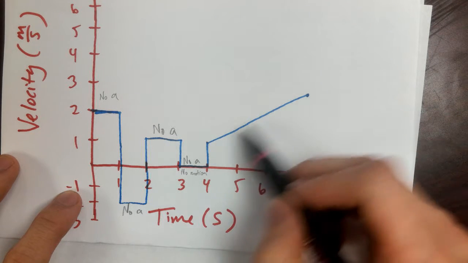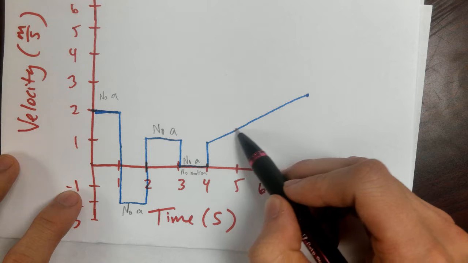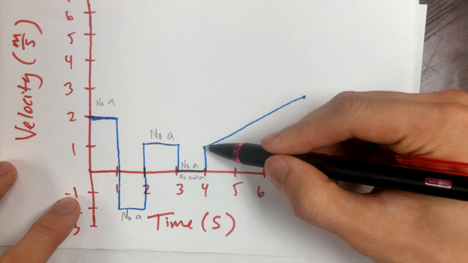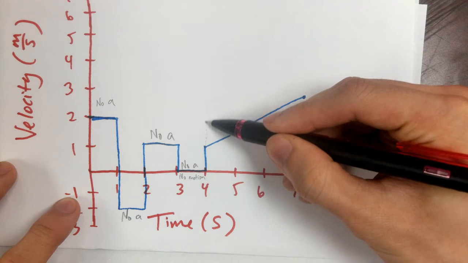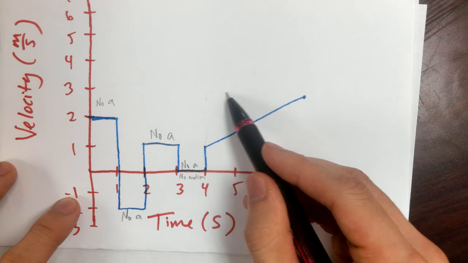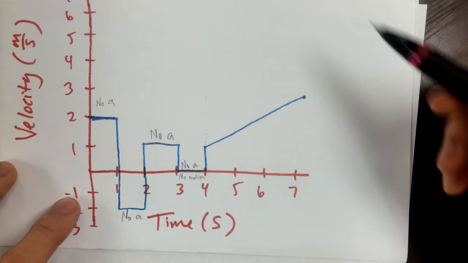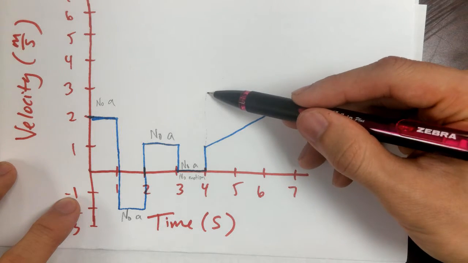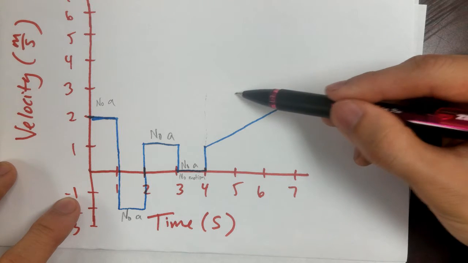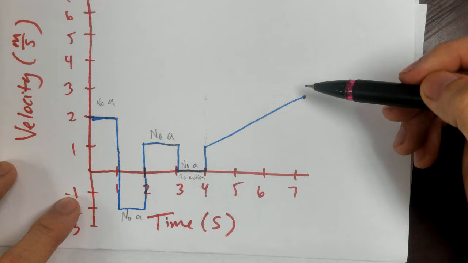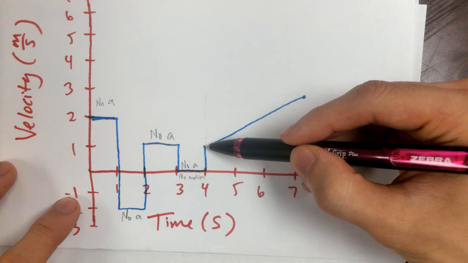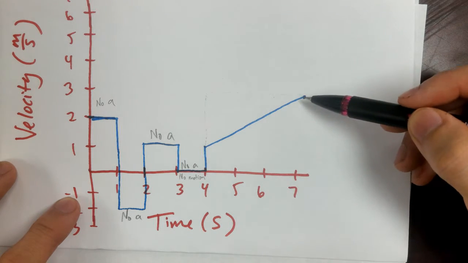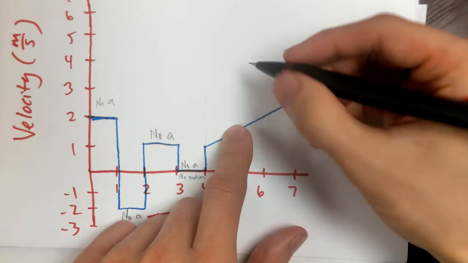This velocity looks like it's actually increasing. So let's see how much the velocity increases by. Rise over run. It rises by 2 and runs 3.